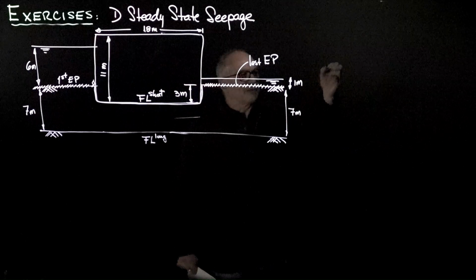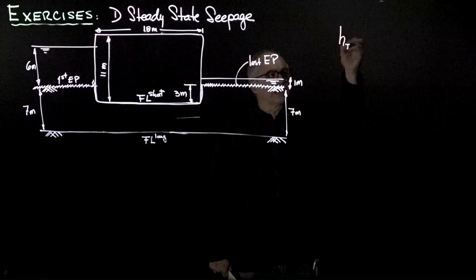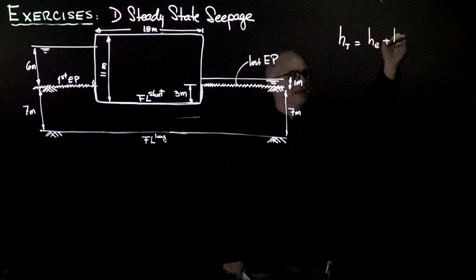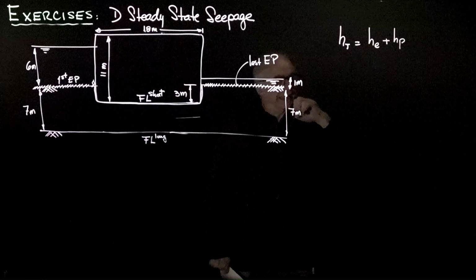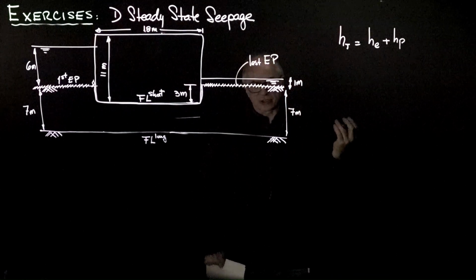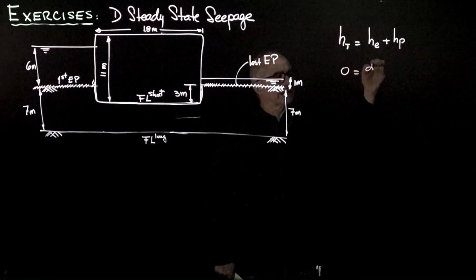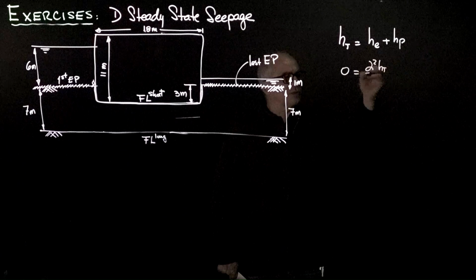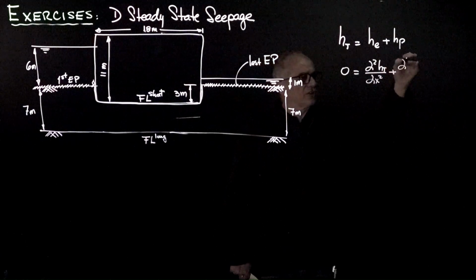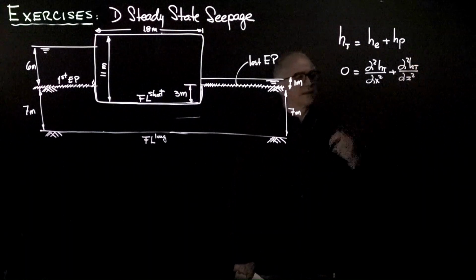Because, as you may remember, the total head at any location is equal to h elevation plus h pressure, and if the medium has an isotropic permeability, then the Laplace equation tells us that the second derivative of h total with respect to x twice plus the second derivative of h total with respect to z twice is equal to 0.